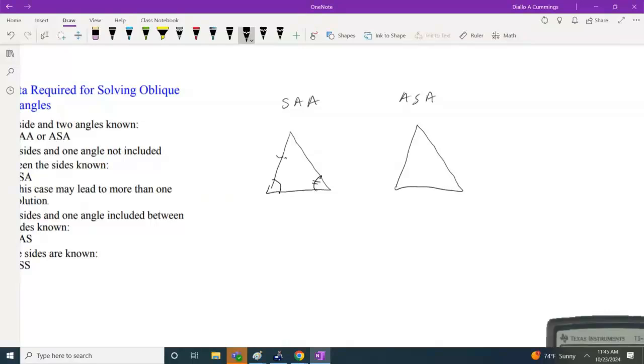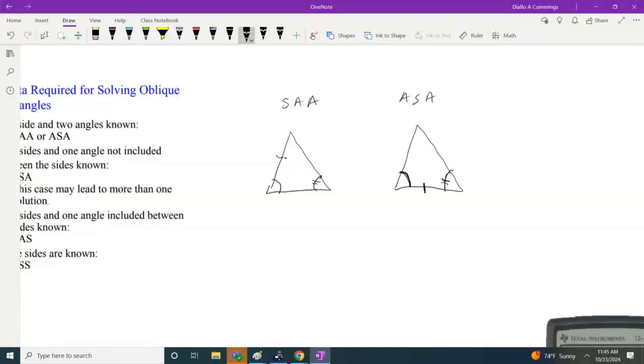So what that means is I'm given the measurement of two angles. I'm also given the measurement of the side included between those two angles. So this is what an angle side angle setup looks like. You're given an angle measure. You're given another angle measure.